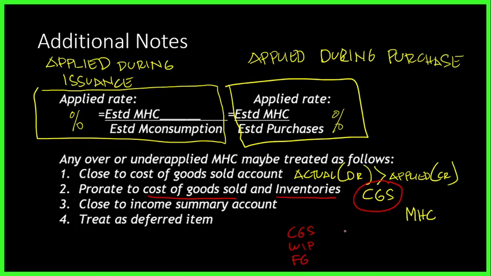So, as a review, assuming your cost of goods sold is 5,000 and you have work in process of 2,000, you have finished goods inventory of 3,000, and your over or under applied materials handling cost is, let's say, 20,000 na lang. Para madali yung math. So, 5 plus 2 plus 3, that will be 10. 5 over 10 times 20. So, you have 10,000.